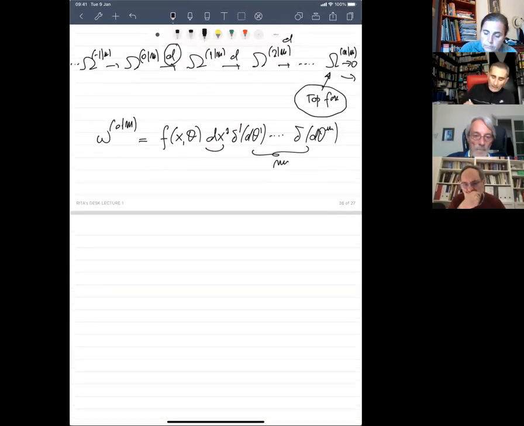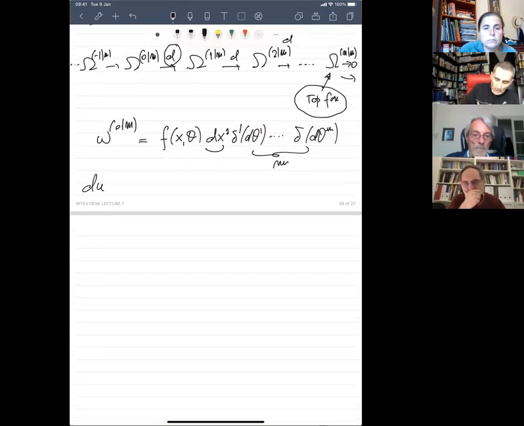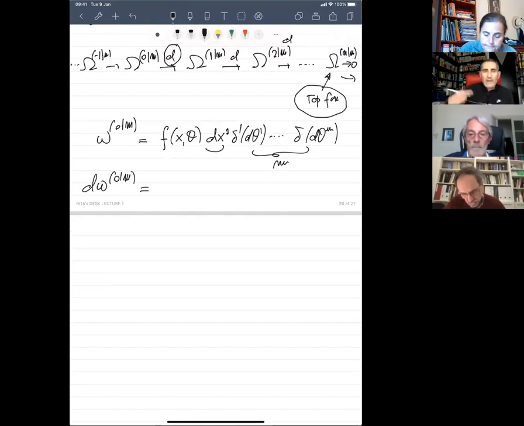Let's do a very simple calculation. Let's calculate D on omega 0m. I have to remember that acting with the one forms like dx1 gives you 0, and acting on d theta 1 or d theta m gives you 0. So the only part that I have to compute is the differential acting on the function in front.